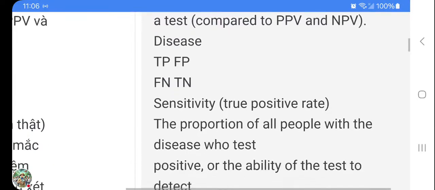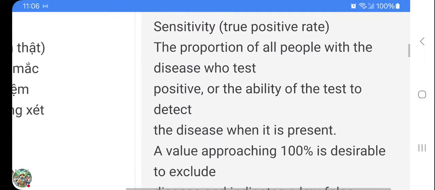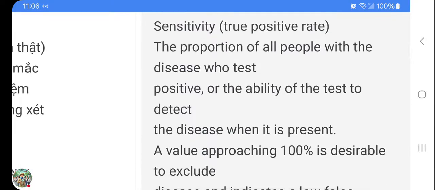As we said, we have disease and test, with squares for true positive, false positive, false negative, and true negative. So let's talk in more detail about sensitivity.